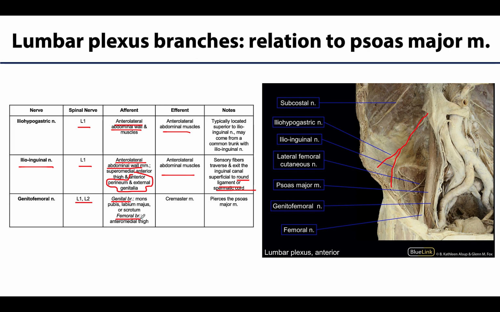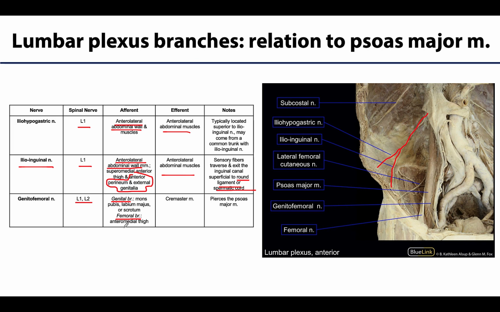And the genital branch, in terms of afferent innervation, is going to overlap considerably in terms of area that it will innervate with the ilioinguinal nerve. So you can see here mons pubis, labium majus, and scrotum. That's very similar to what you have in terms of the ilioinguinal nerve. So considerable overlap in that region.